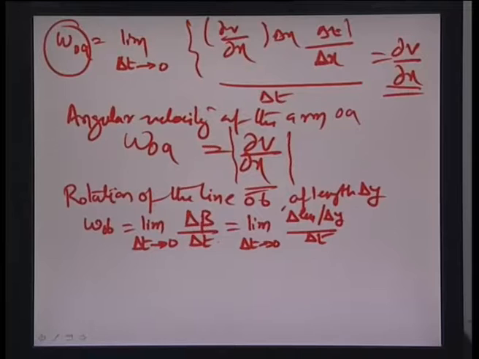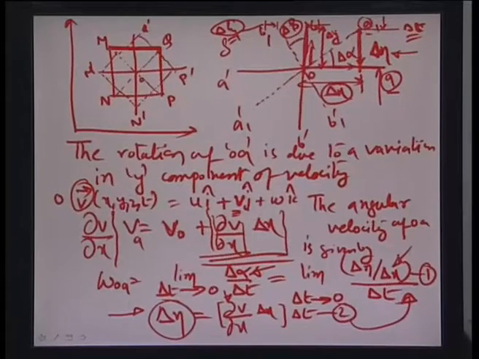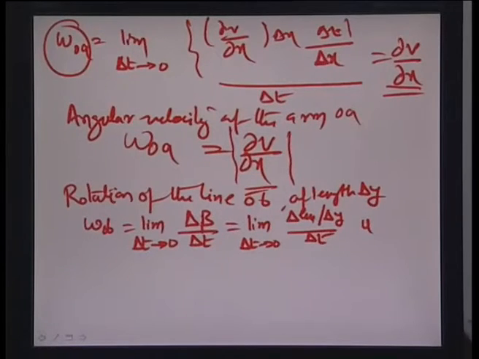Further, let us say u was the x velocity at the origin, and here the velocity is u0 plus du by dy times delta y. So, u is equal to u0 plus du by dy times delta y, pretty much in the similar manner as we did for the x variation. We are doing the y variation in this particular case.